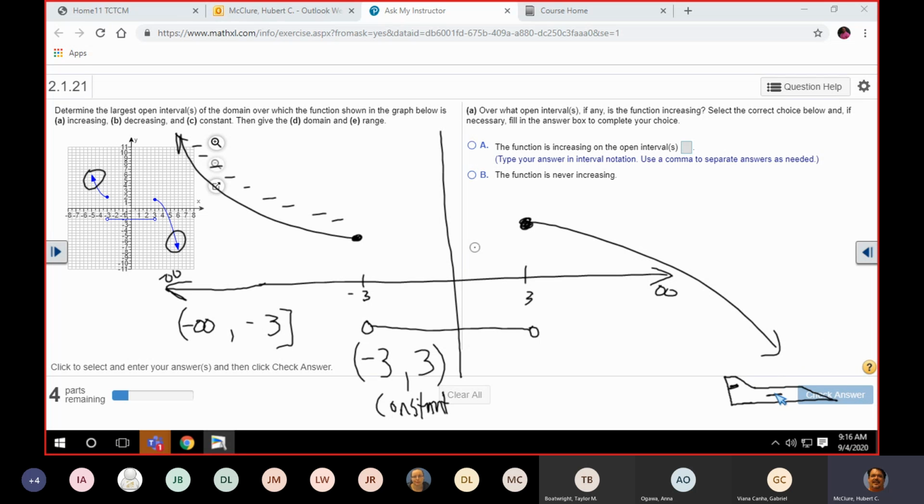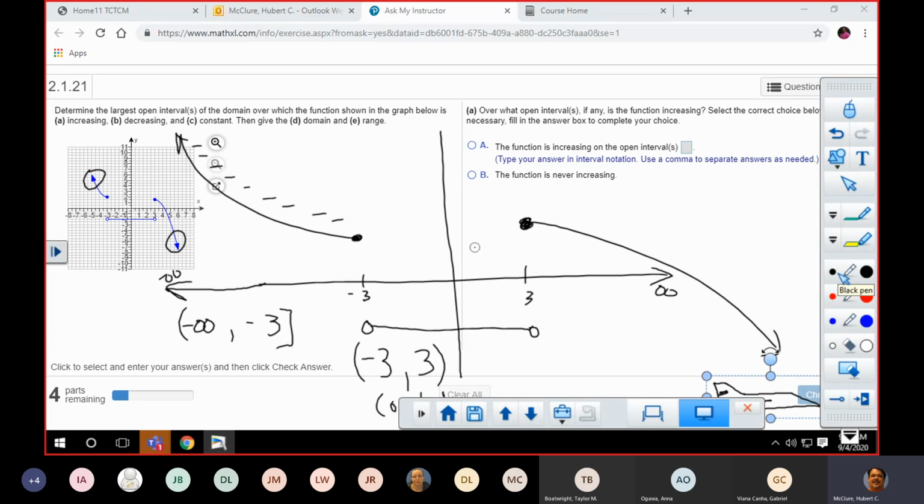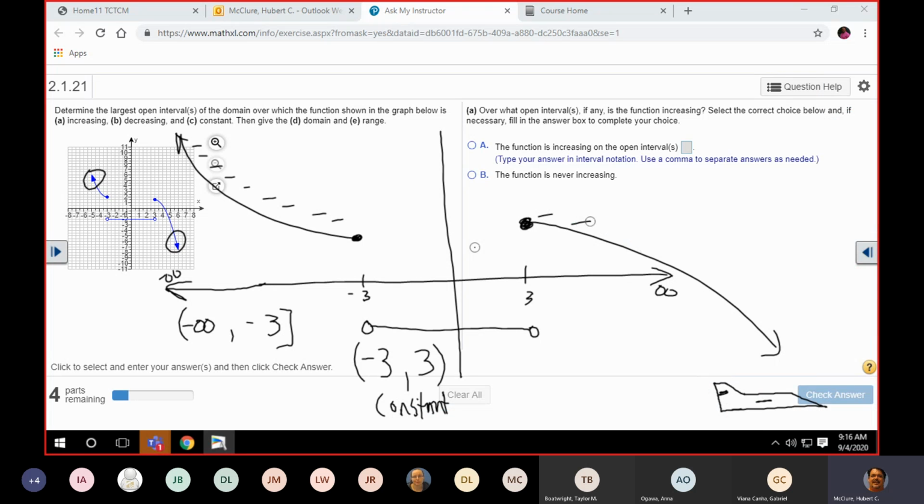Okay, so think of it like this. It levels out, and then it gets to a point, and then it starts descending. So it's descending from 3 to infinity.